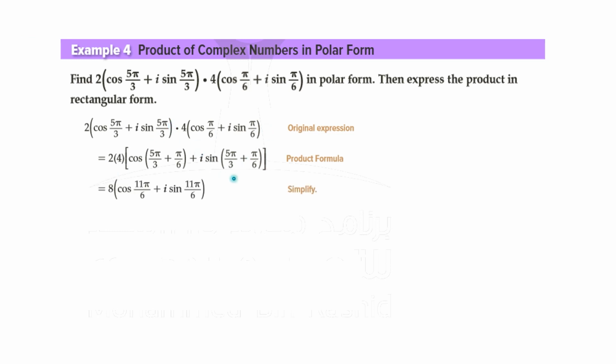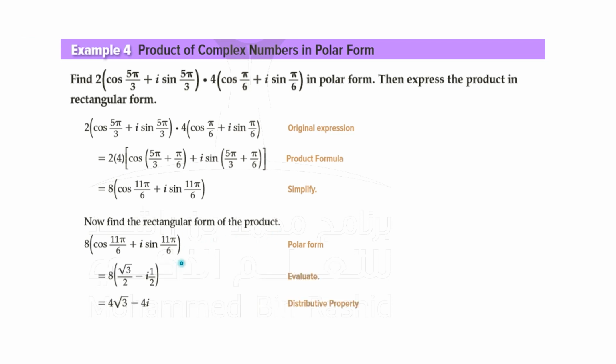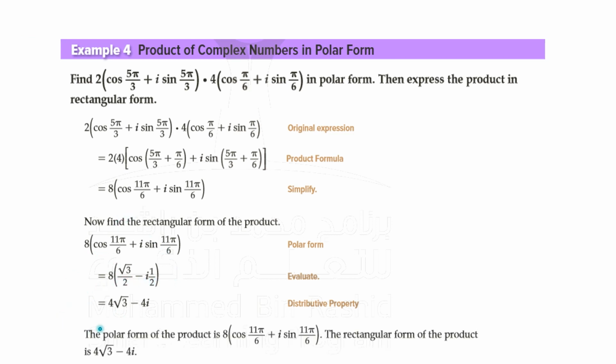This on simplification gives us 8 (cos 11 pi by 6 plus i sin 11 pi by 6). Now let's find the rectangular form of this product. This is our original equation in polar form. We substitute the values for cos 11 pi by 6 and sin 11 pi by 6 and apply the distributive property. So we get the product in the rectangular form.